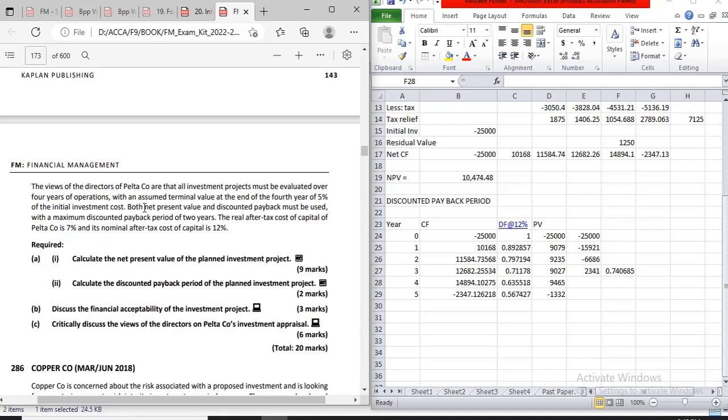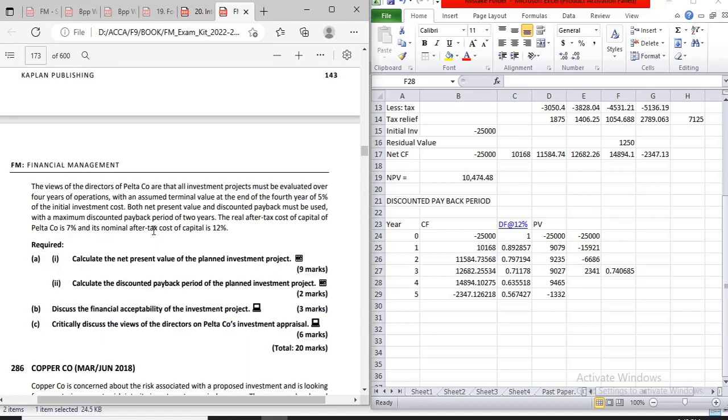After that, both NPV and discounted payback must be used with a maximum discounted payback period of 2 years, and the real after tax cost of capital of Pelta company is 7% and nominal. Okay, so for this point what you should write is, according to the discounted payback period this project is not financially acceptable, right?